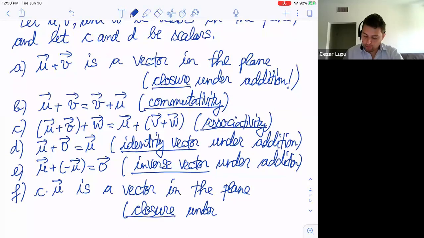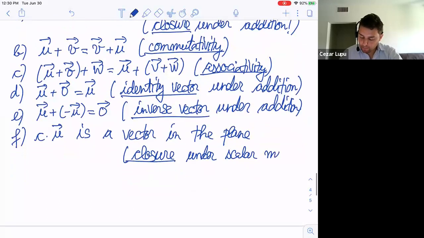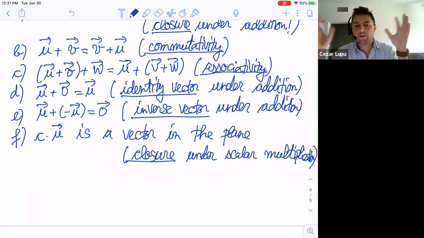This is a very important word. Once again, when you multiply a scalar by a vector, you're always going to get a vector. So keep that in mind.